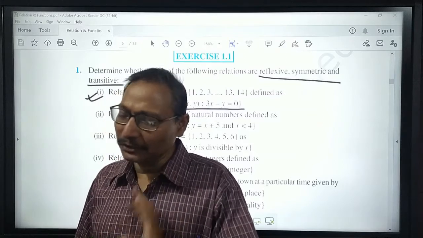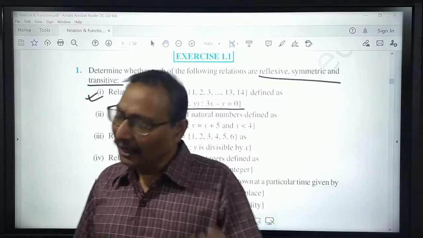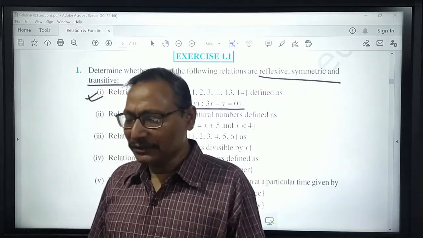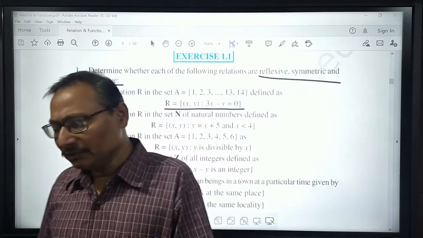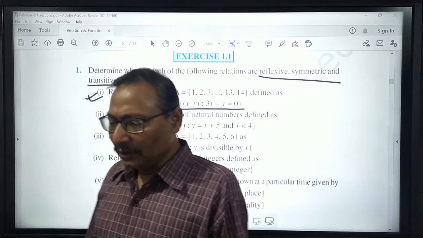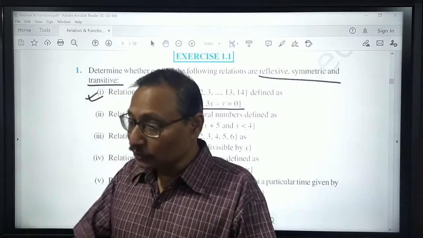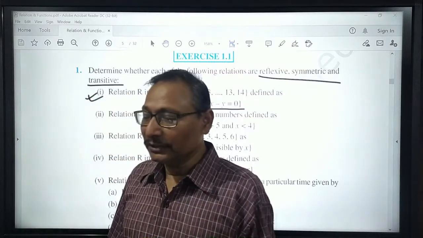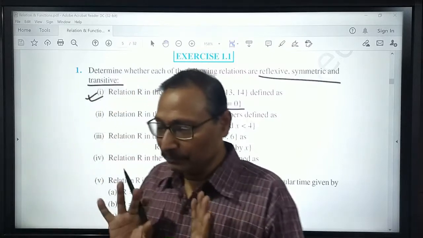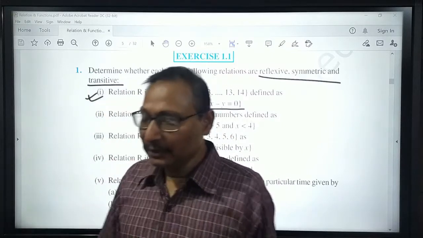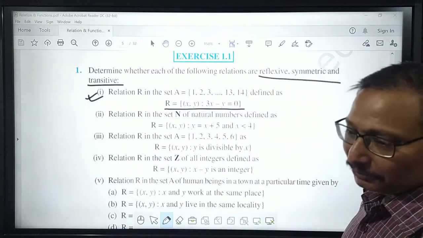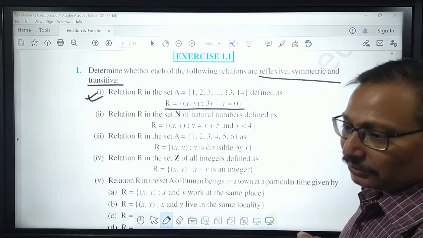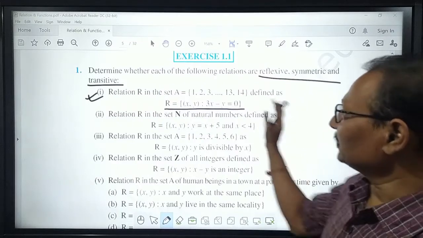We should write down the elements of that relation, and later on we can check reflexivity, symmetricity and transitivity very simply. And if any relation contains many elements, then this process will not be good. This question is simple, and we do not have many elements inside the given relation.